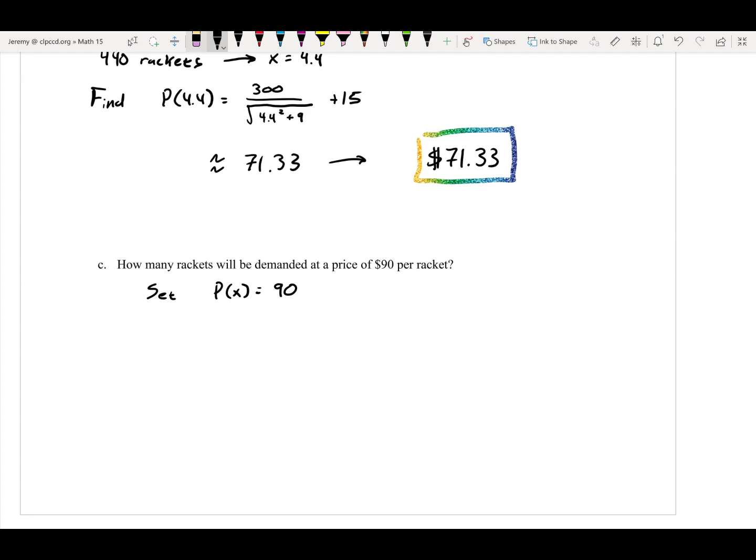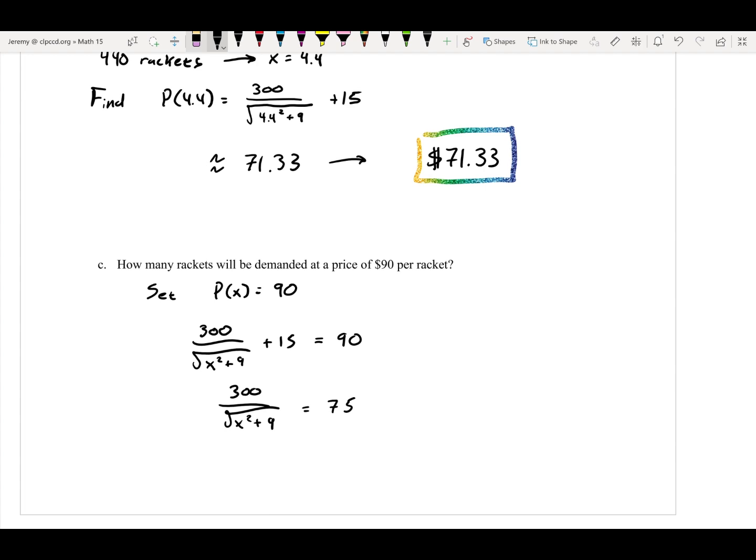So I'll plug in my function: 300 divided by the square root of x squared plus 9, plus 15, set equal to 90. I'm going to take away 15 from both sides, so I get 75 over here.